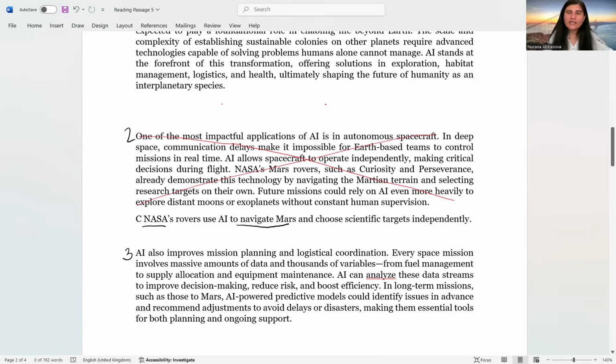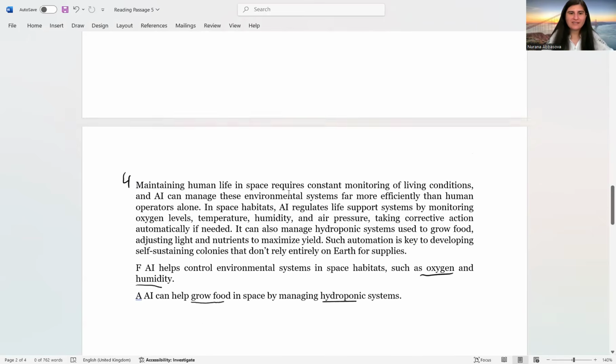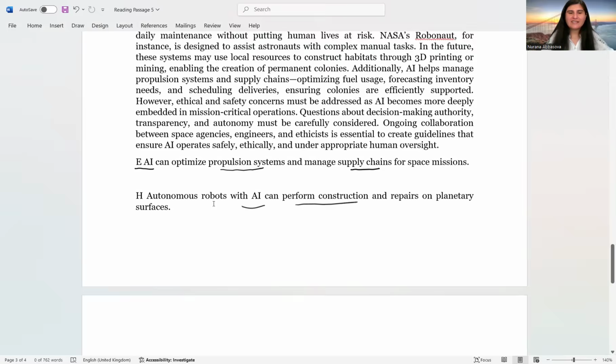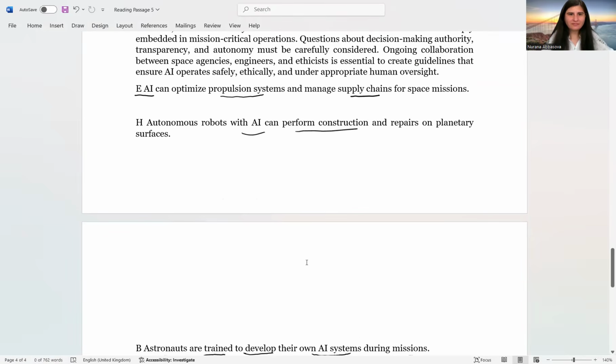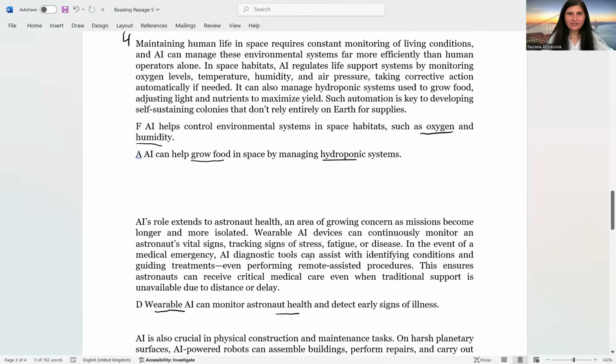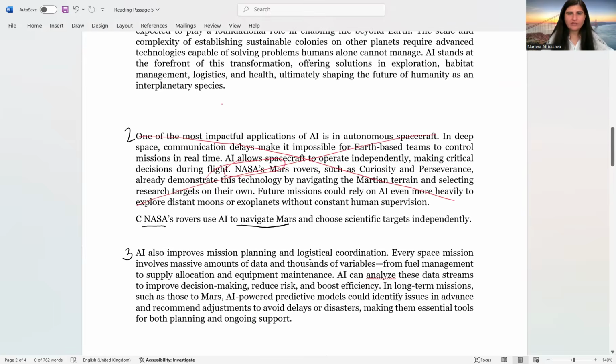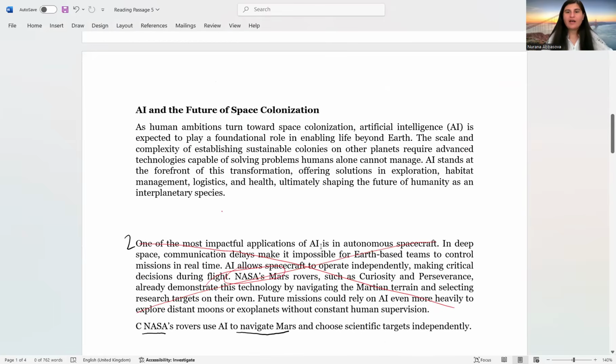And this will help you focus on the word. For example, I need to find NASA because in the question I had NASA here. NASA is easy. Of course, you will say NASA is easy to find. But let's say hydroponic. Okay, so I will go from the first paragraph. I will look for this word. Again, I will do this.